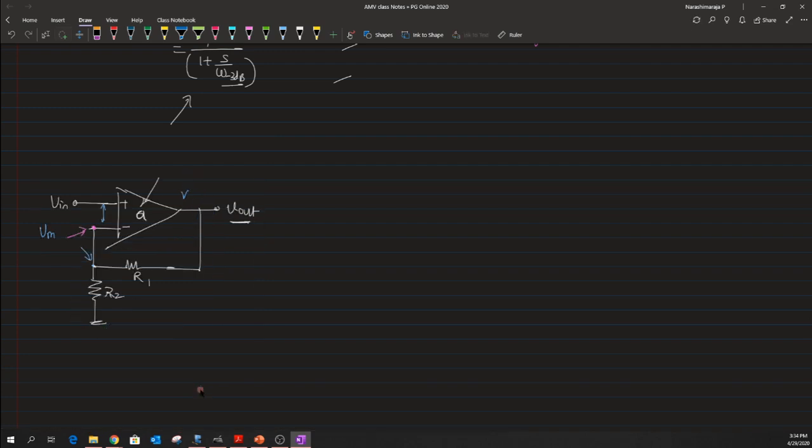Now let us assume that the op amp, that is the open loop op amp, has a single pole in this particular circuit. What it means is that I have A of S, which is defined as A naught, which is nothing but the DC gain, and whenever there is a pole, I could write it as 1 plus S by omega naught.